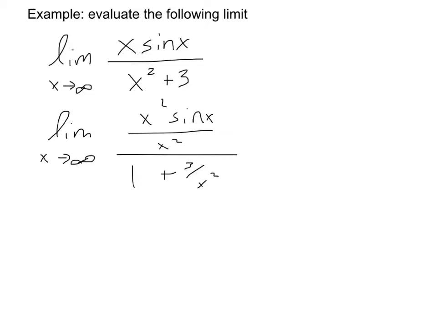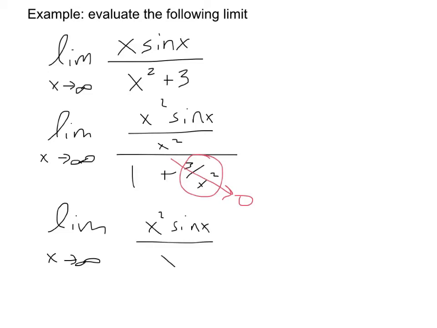And now if we think about this one, this thing on the bottom is obvious. 3 over x squared definitely turns into 0. And then the denominator, this is just 1, so really what I have left is just the limit as x approaches infinity of x squared sine x over x squared. I'm sorry, it wasn't x squared, that was a mistake.